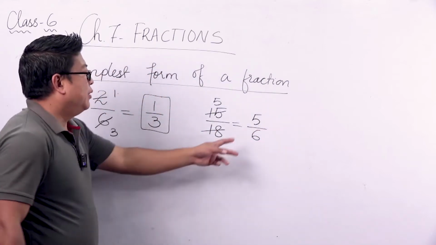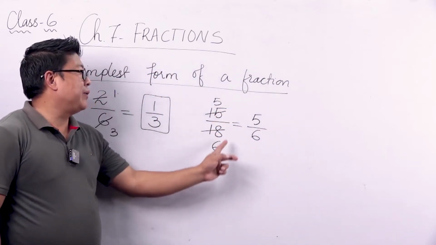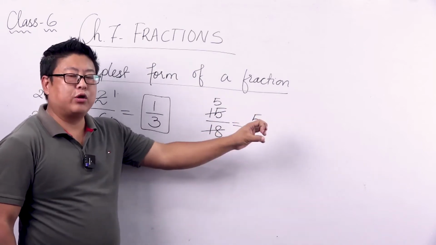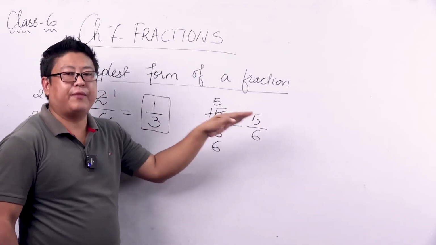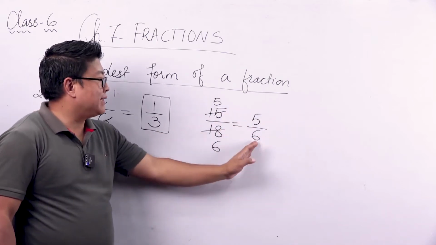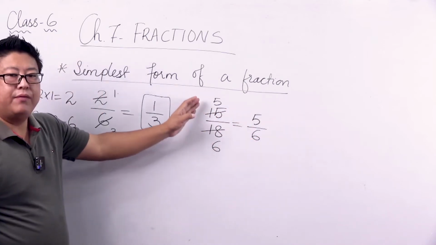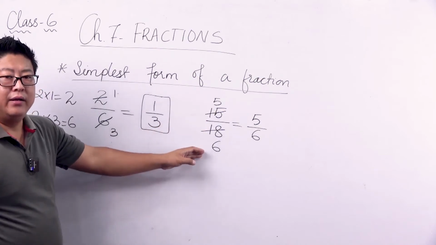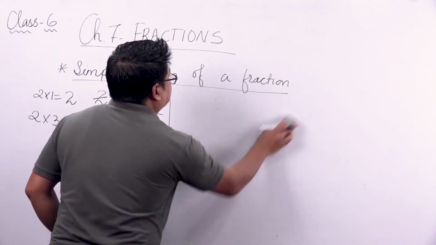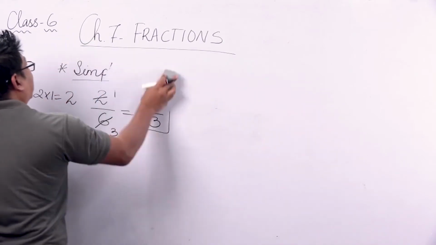Right? So the answer we are getting is 5 by 6. They cannot be broken down anymore. They don't have any more common factors. Okay? So we can say that 5 by 6 is the simplest form of 15 by 18. We will come to this in the later part of the exercises. So please keep it in mind.